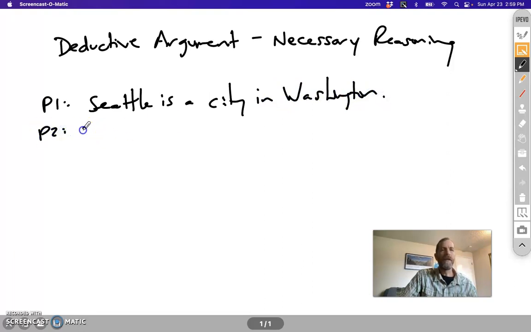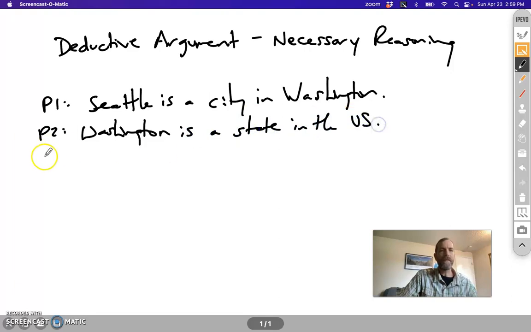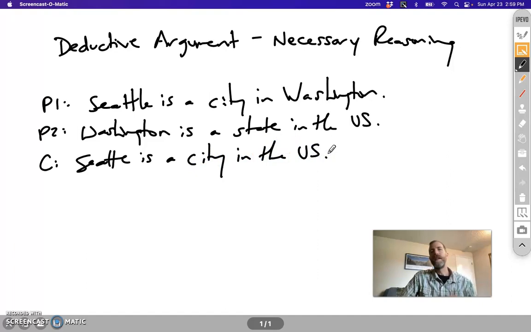Premise 2: Washington is a state in the U.S. Conclusion: Seattle is a city in the U.S. Again, this argument is not making the case that the conclusion is probably true. The premises have all the information packed into them already to derive the conclusion as being certain.